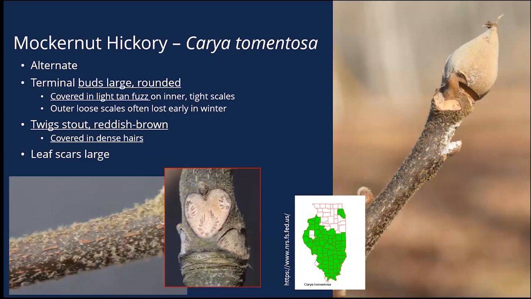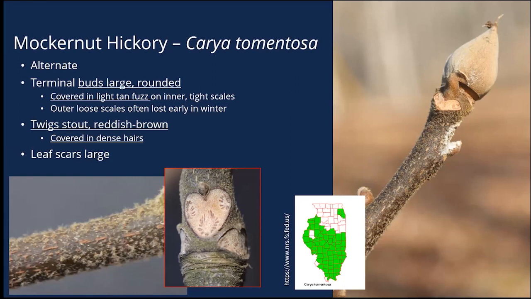Now the third of our stout-twigged hickories is Mockernut Hickory. It has very stout, probably the stoutest of all the twigs, and the terminal bud is large, but it's rounded. And you can see here, it kind of swells. It's bigger than the twig itself. So very clearly rounded and not that elongated bud like the others. The buds here are going to be light tan in color and fuzzy.